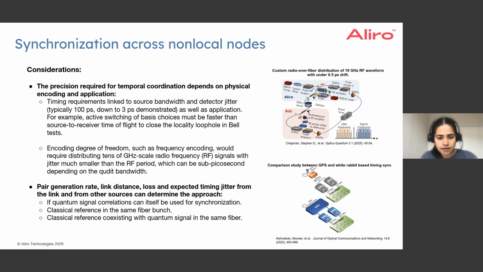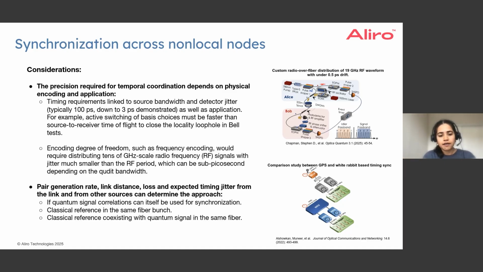And this affects the synchronization options that could be utilized. And finally, timing jitter from the link itself as well, the drifts due to temperature fluctuations and environmental factors, all of these put together.